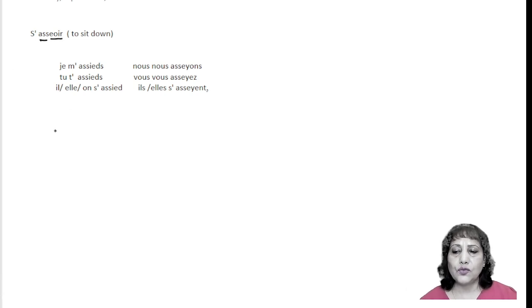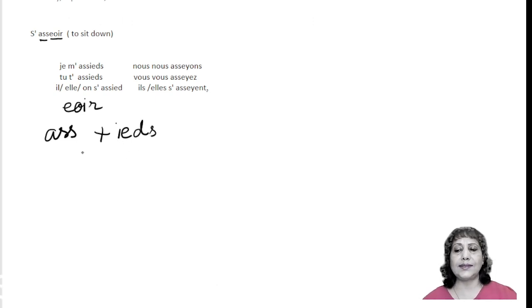Okay. So as a root, just remember A-double-S, because this will be common for all. For the singulars, what you can learn, just add I, E. See, here it is E-O-I-R. So we have removed this. What we have removed? E-O-I-R. All right. So what we are going to place now, this I-E-D-S. Just memorize this. This is common for all.